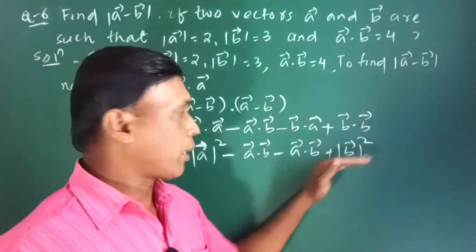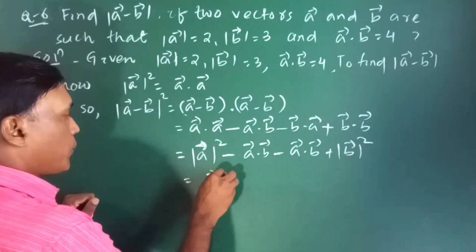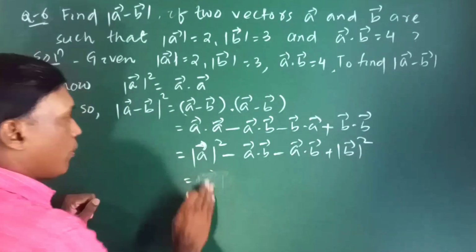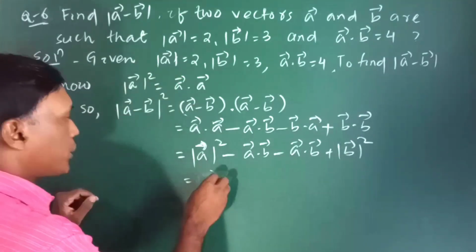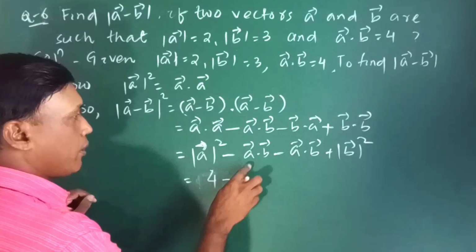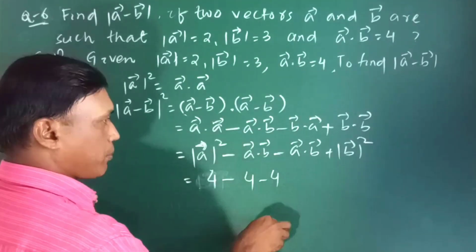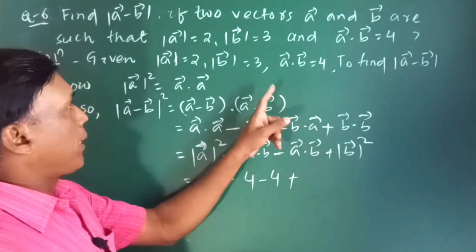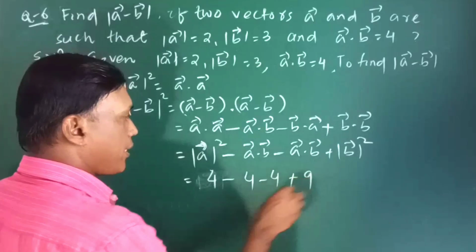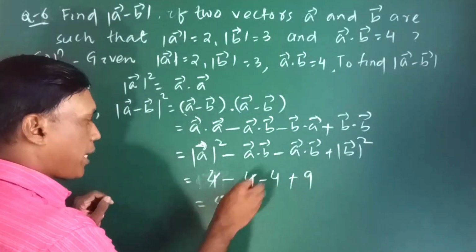Here the square of magnitude of A, the magnitude of A is given as 2, so 2 square is 4, minus A dot B is 4, minus 4, plus the square of B magnitude, and the magnitude of B is 3, so this is 9. So we get 9 minus 4 is 5.